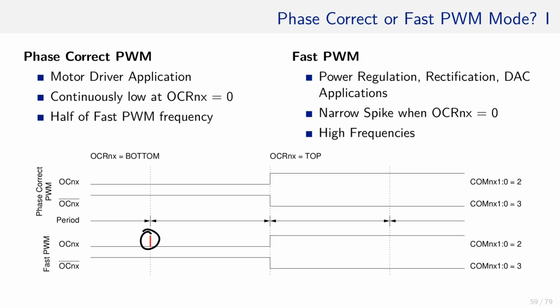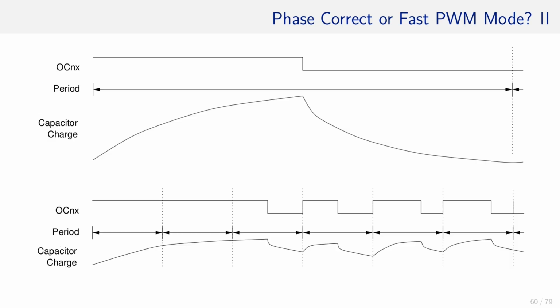In contrast, due to the higher frequency possible in fast PWM, it is designed for power regulation or digital to analog conversion, abbreviated as DAC, applications, in which intermediate voltages need to be generated. Let's have a look at why fast PWM is better for this area of applications.